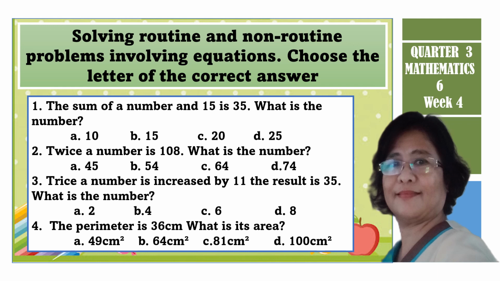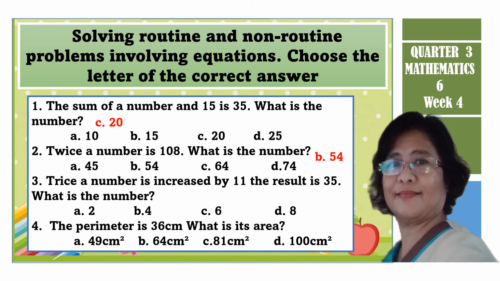Let us now reveal the answer. What is the correct answer for number 1? Very good. The correct answer is 20, letter C. What about question number 2? What is the correct answer? Very good.